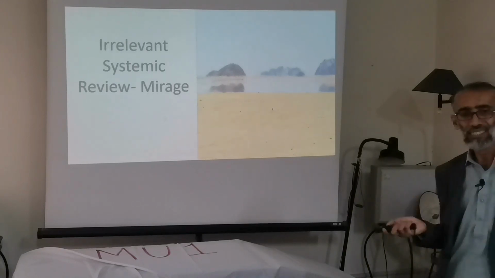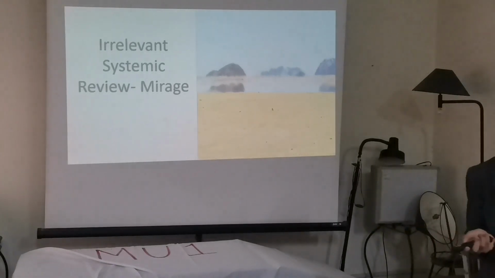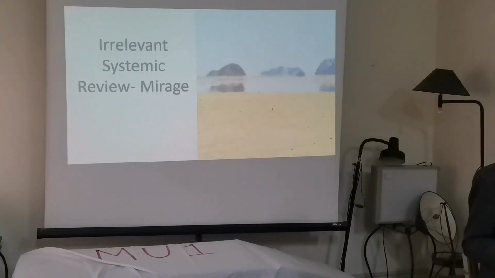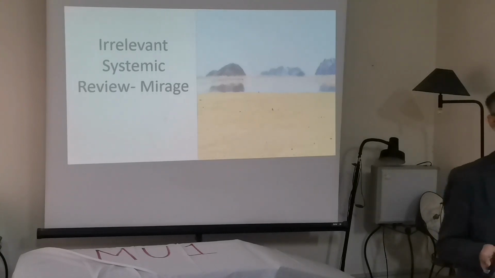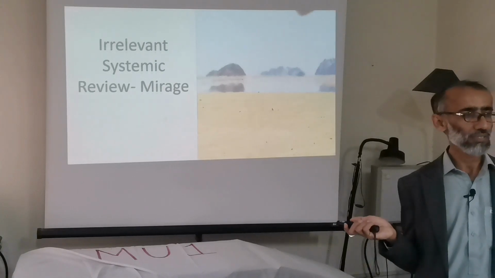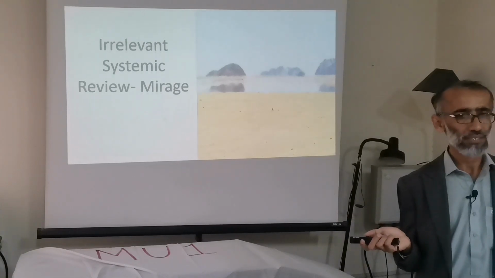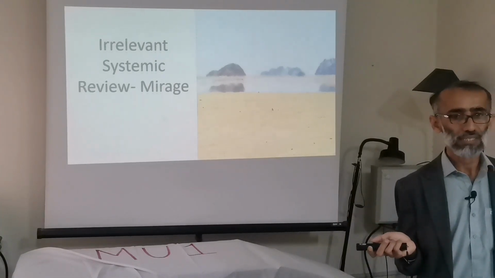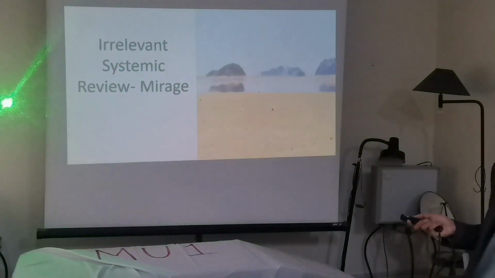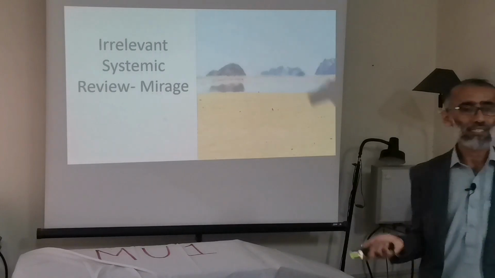Reflection of light in the outer air. सहरा में जा रहे हैं, आपको लगता है कि दूर वहाँ पानी है, वहाँ पहुँचते हुए पानी नहीं है. This is mirage. तो irrelevant systemic inquiry just like mirage.